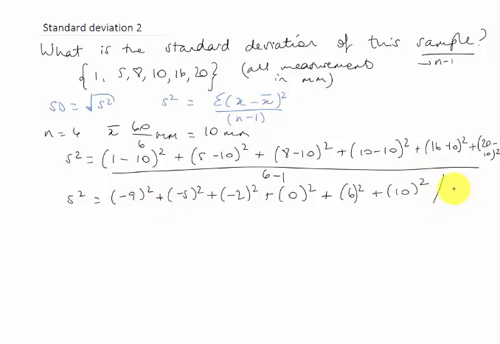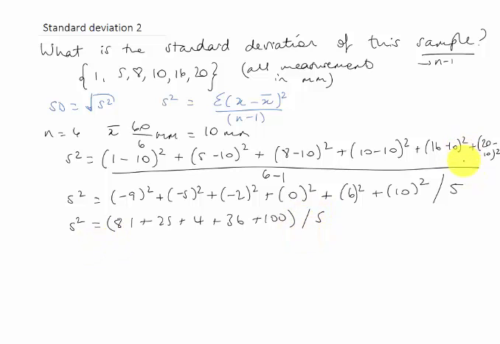All that over 5. So if we carry on, that is 81 plus 25 plus 4 plus 36 plus 100, all divided by 5.